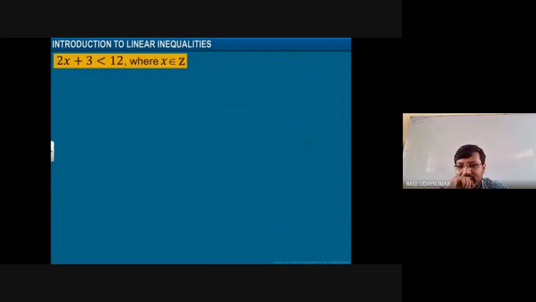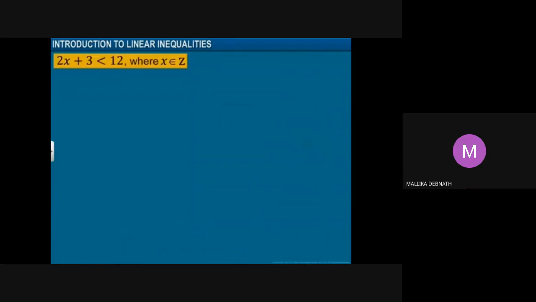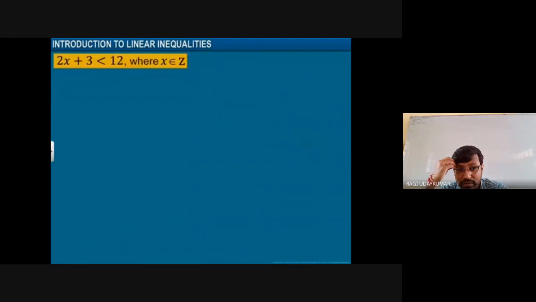Suppose equals to is there, it means on a number line you are going to get one point, the x value. So 9/2 is not the solution. How many solutions will be there for this?